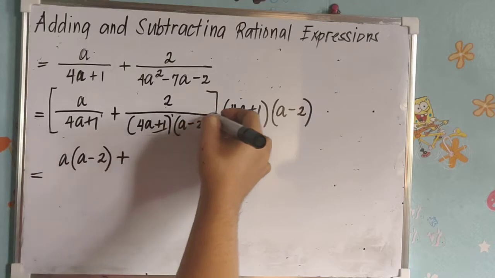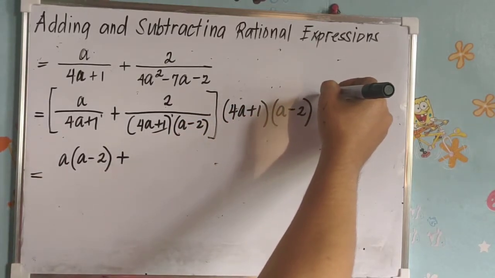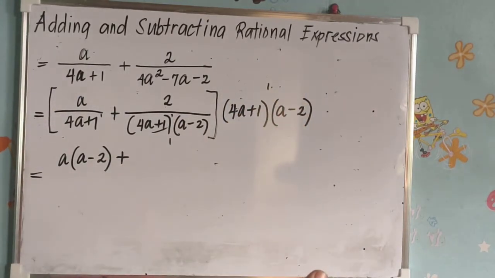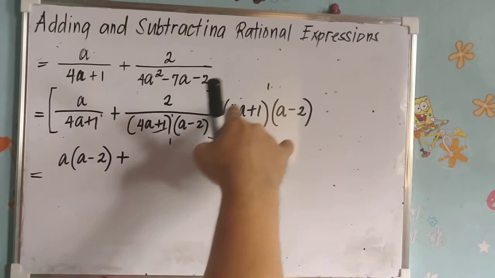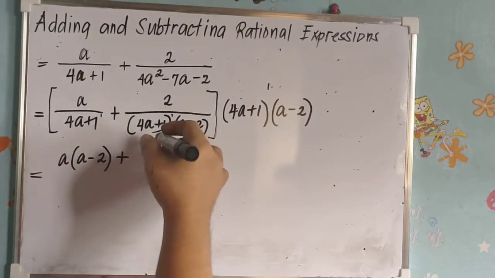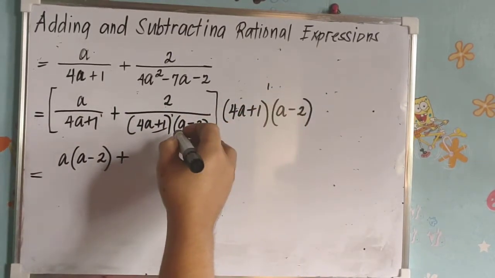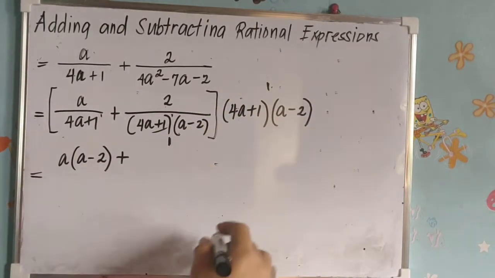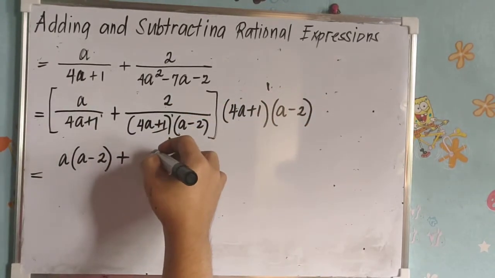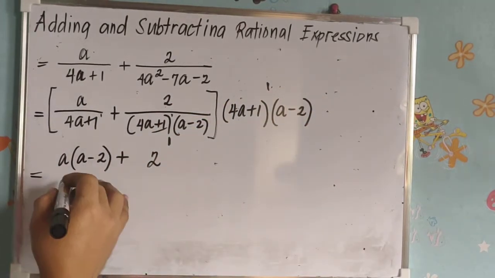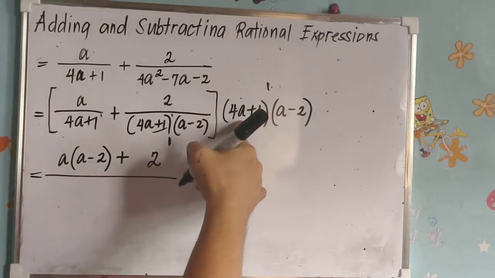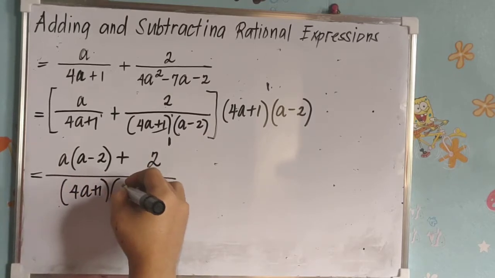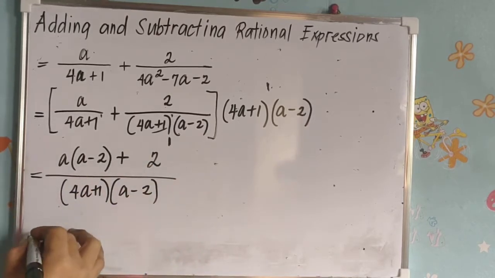All the factors here will be cancelled, meaning this becomes 1. Take note that when the factors are cancelled, it becomes 1. Okay? So 4a plus 1 will be cancelled, a minus 2 will be cancelled, meaning this becomes 1 and 1. And we have 1 times 2, so we have 2, all over the LCD, 4a plus 1 times the quantity a minus 2.